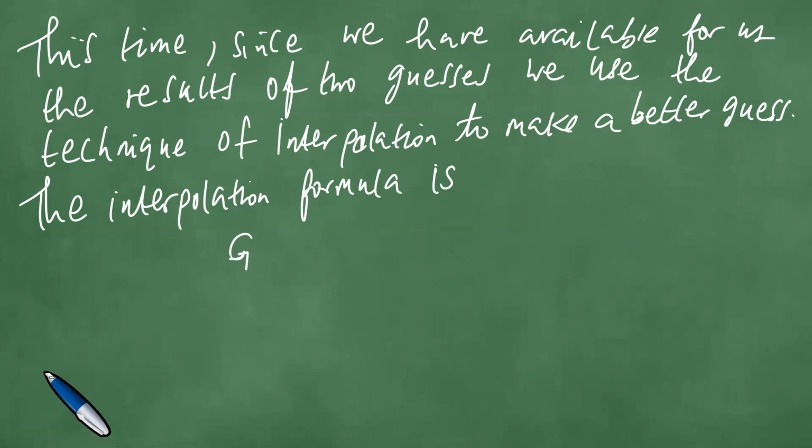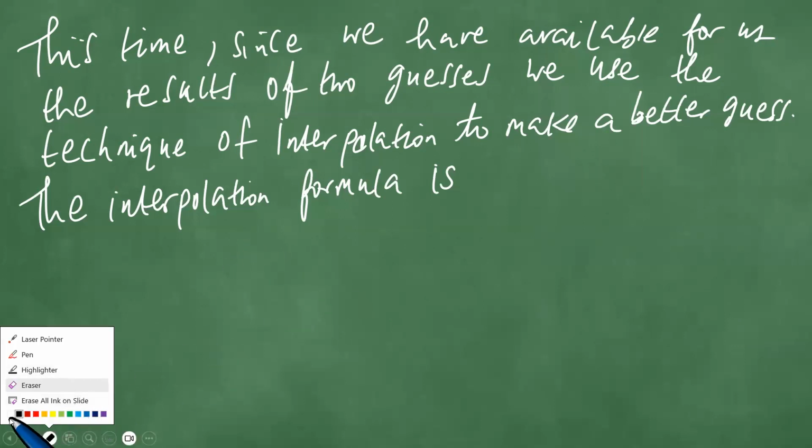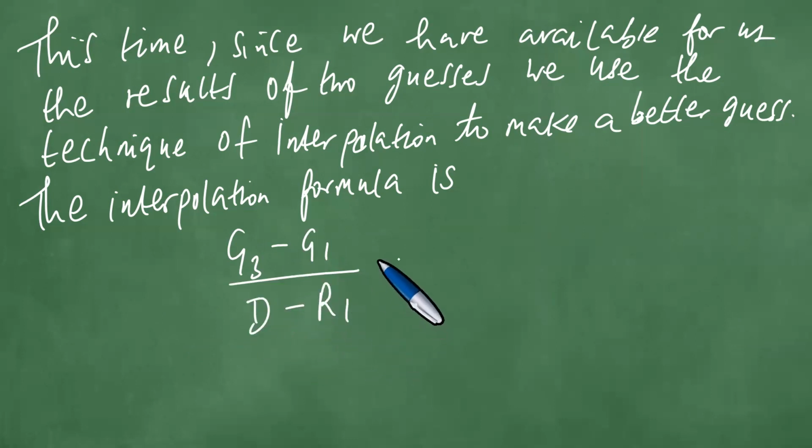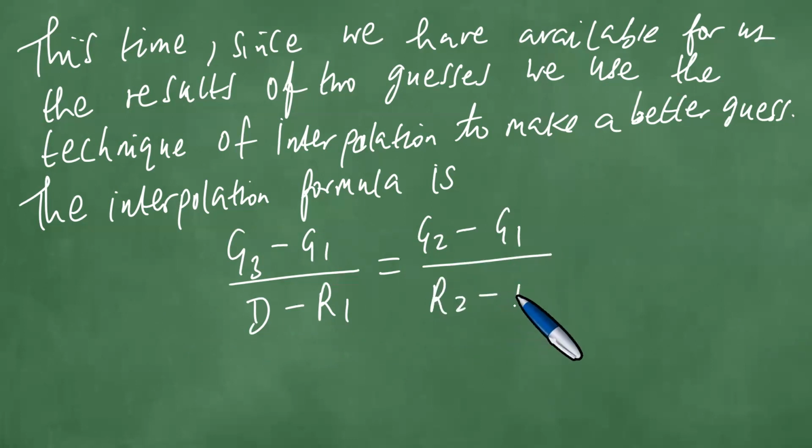So it is namely G3 minus G1 divided by D minus R1, equals G2 minus G1 divided by R2 minus R1.